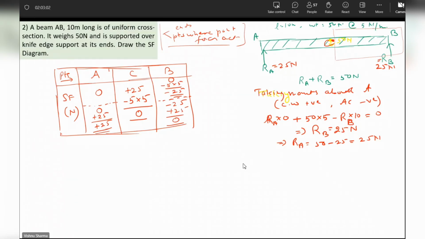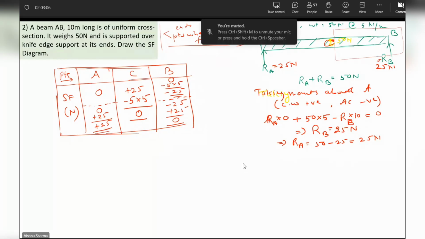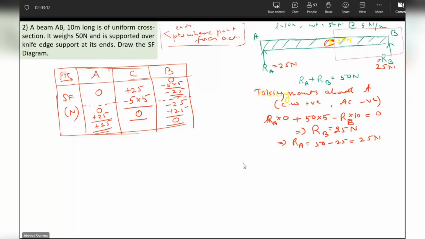Is it causing any moment? No, sir. So if it is not causing, then it is neither plus nor minus. I've just seen that. RA into 0, what is there to calculate, man? You're multiplying by 0. What calculate? You need a calculator for that.